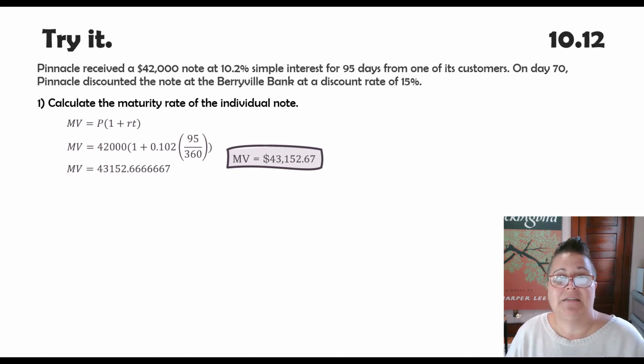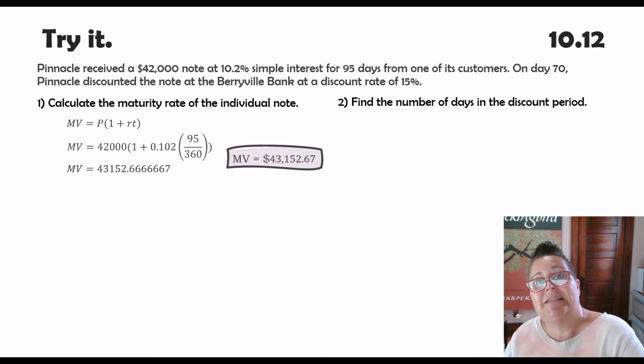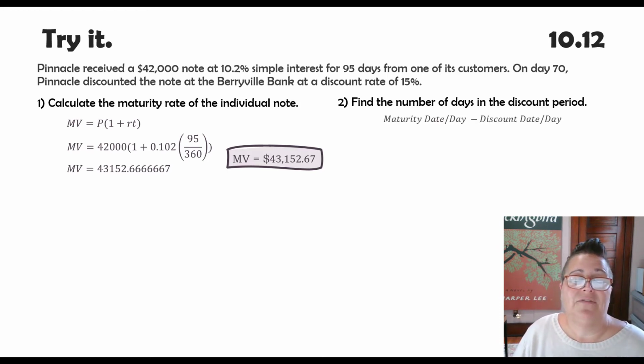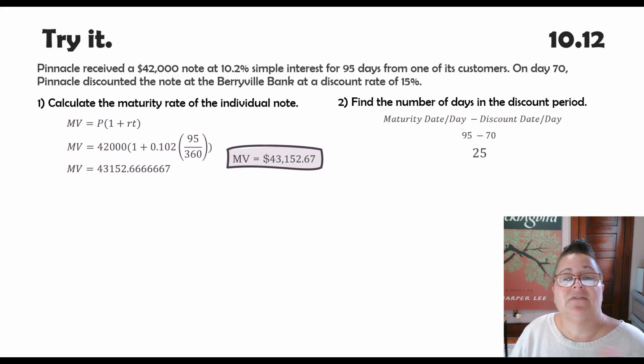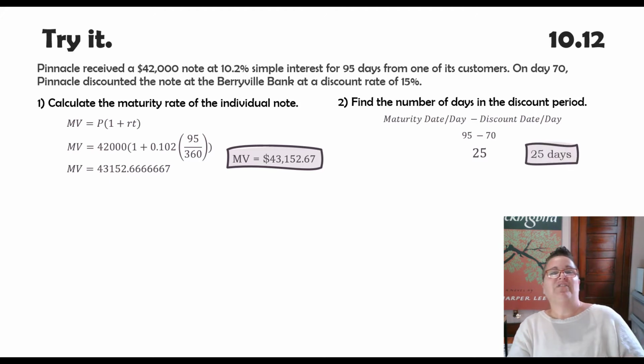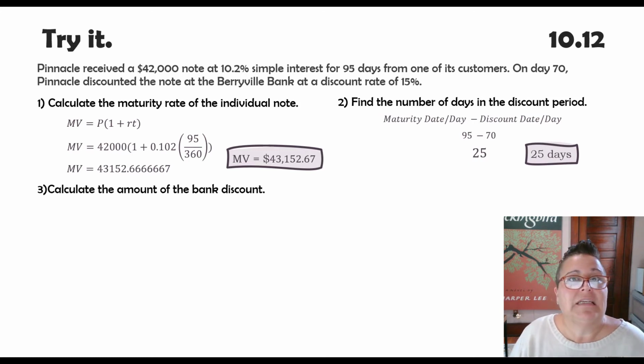The bank needs to know how many days are left in this loan. Well, the number of days left in the loan from 95 to 70 gives us only 25 days left on the loan. So the bank says, with 25 days left on the loan, we'll take it over, but we're going to take 15% off the top for those 25 days. This is known as the bank's discount.